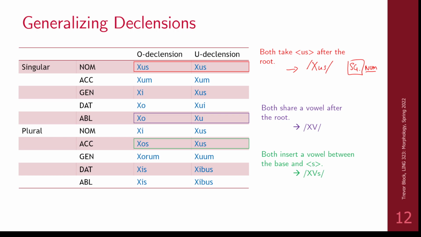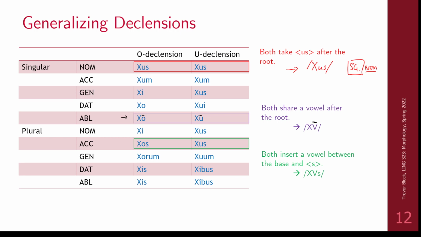What if we take a look at the singular ablative, like xo and xu in this row? Well, in this case, they don't have a specific vowel in common, but they do have a vowel in common. And in fact, I don't have the long vowel markers in here, but these should be long vowels, so we can be even more specific and say the generalization is that it's the root followed by a long vowel.